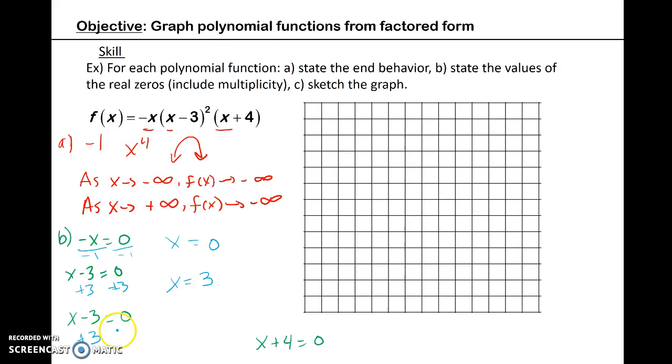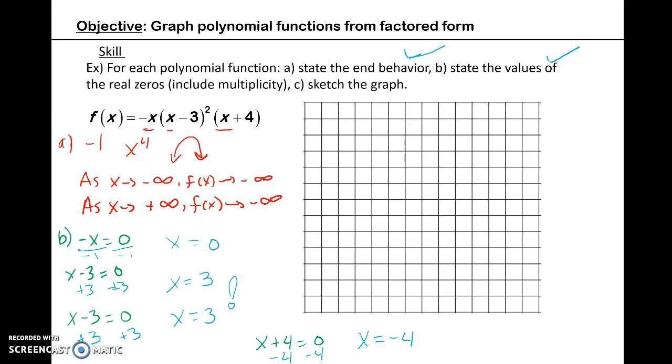Same situation here, I can add 3 to both sides, so I get x is equal to 3. And that's kind of important here. You want to note that you have multiplicity with x equals 3, and then here I'm going to subtract 4 on each side, giving me x is equal to -4. So I have my zeros. I have stated the end behavior, and now we're going to go ahead and sketch our graph.